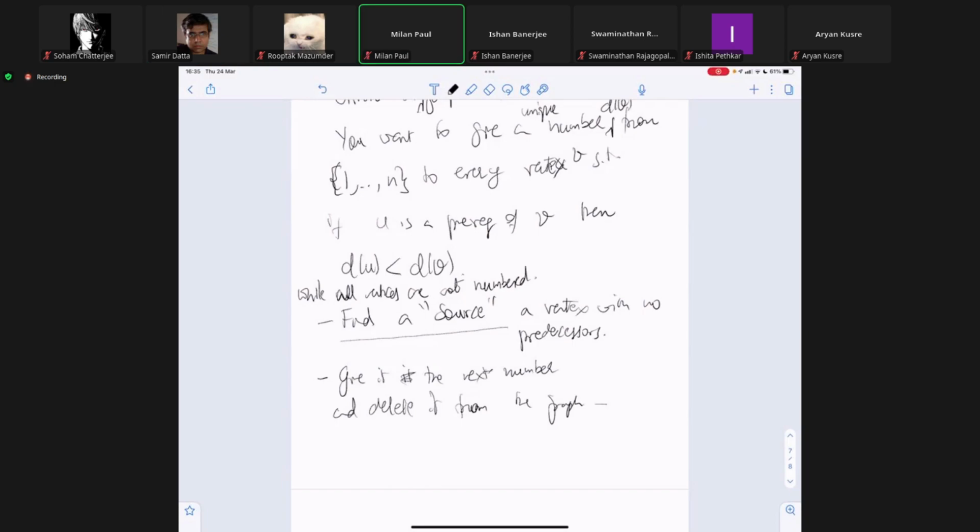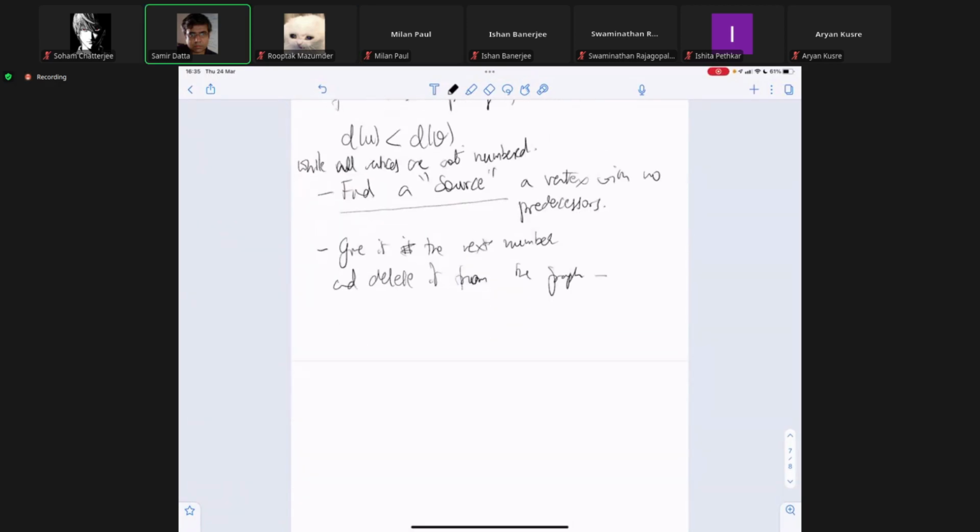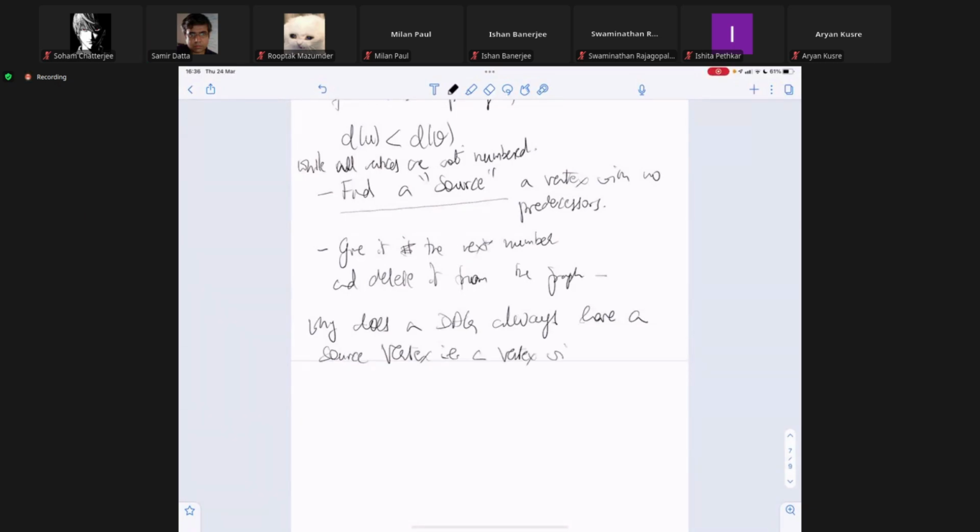Yes, sir. Now you might ask me, why does there always exist a source in the graph? Why does a DAG always have a source vertex? Because it's a cycle.